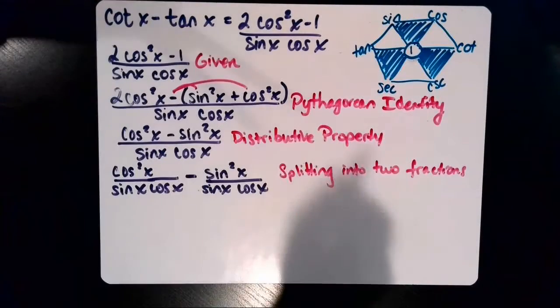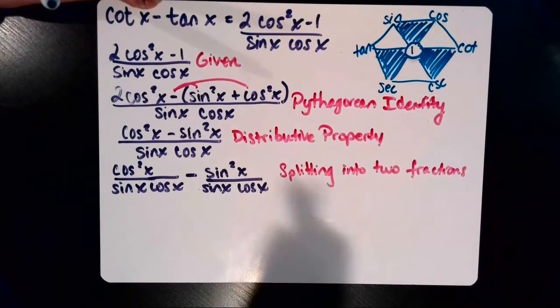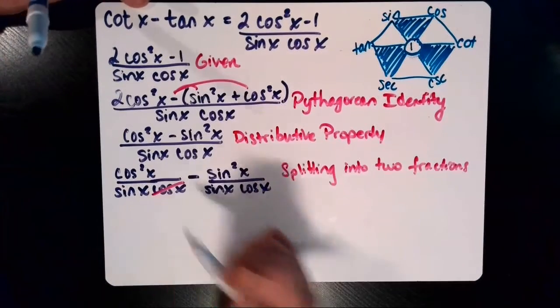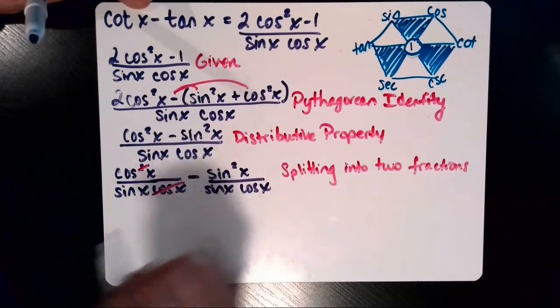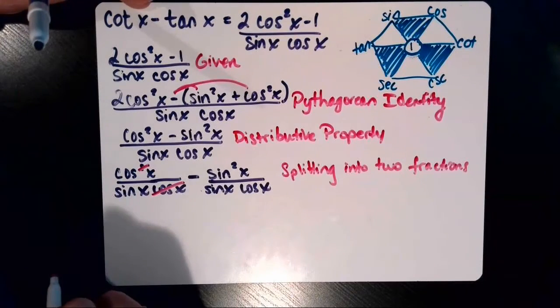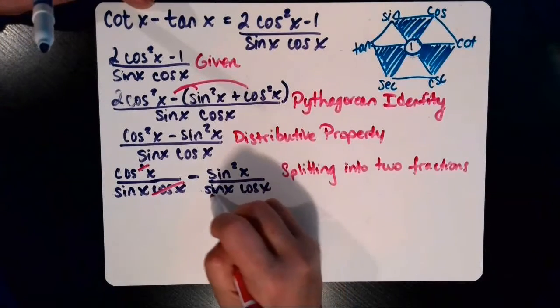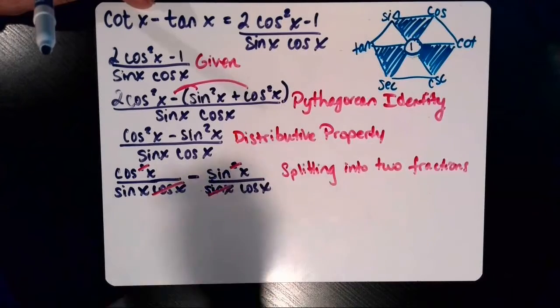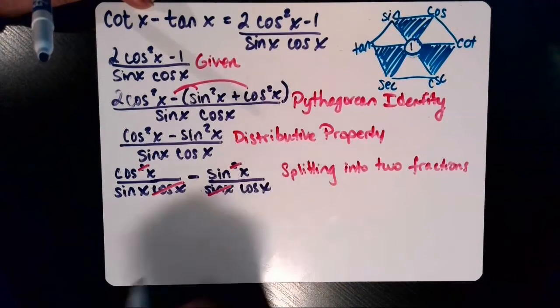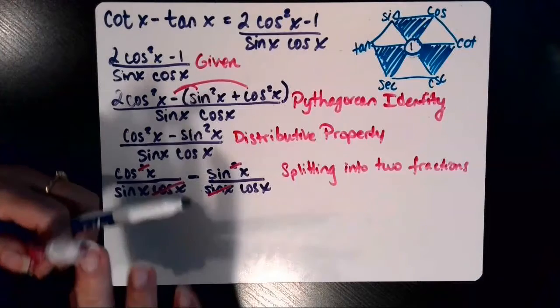Okay, so we decompose those fractions, and now we can simplify. So if we've got a cosine here in the denominator, that will cancel with one of them in the numerator because there's a cosine squared there, so that gets rid of the square. Then in the second fraction, the sine in the denominator will get rid of one of those sines in the numerator. So instead of a sine squared x, we'll just have a sine x in the numerator.